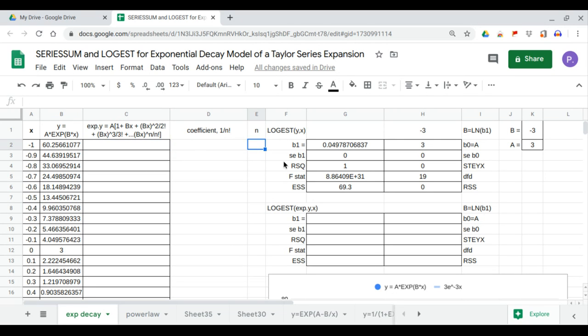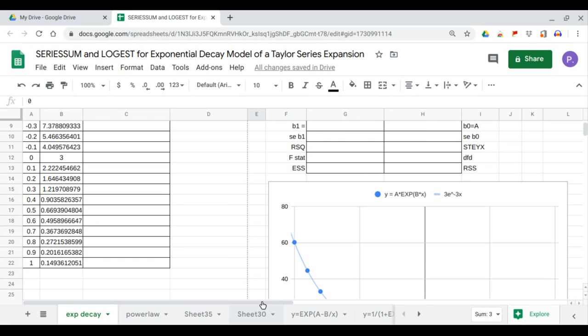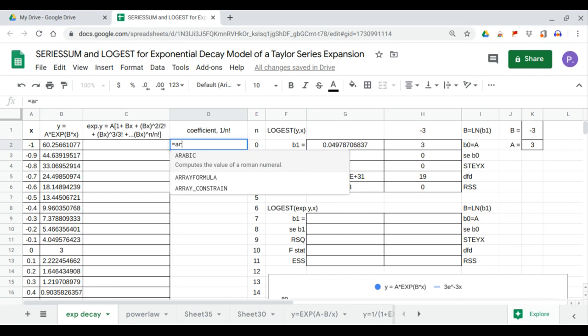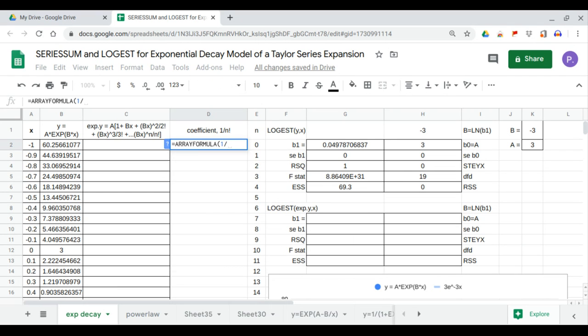So we begin with the n, which starts from 0, incremented by 1. And we will cover until the whole data set. So we have 20. So that's the values of n. Next, we enter the coefficient, the factorial part of the coefficient, which is our array formula, 1 over factorial of the n values.